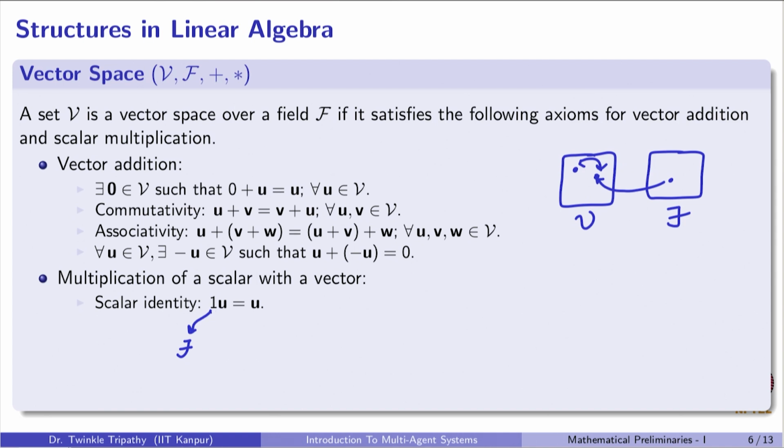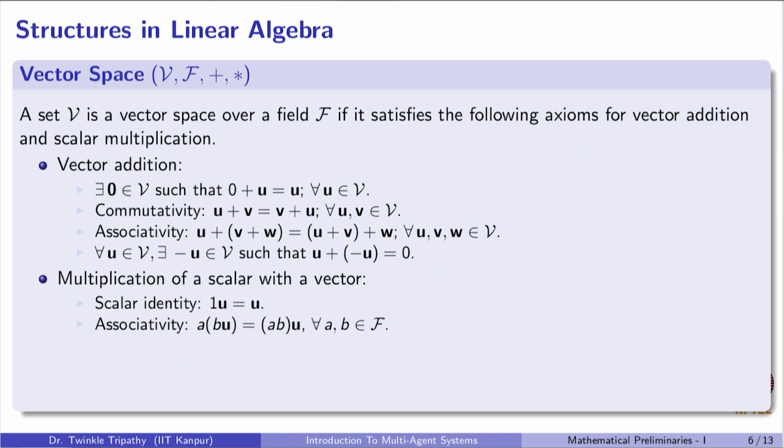Meaning this one should belong to my field, and this when multiplied with the scalar u gives me u itself, and this becomes the multiplicative identity. The second property is associativity, which is as defined before. It takes this form.